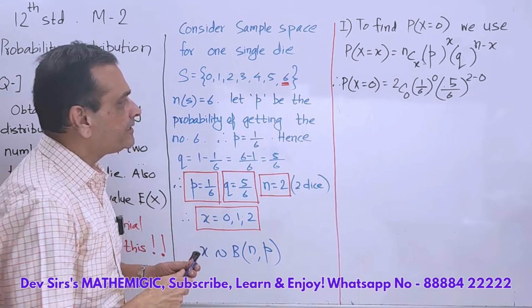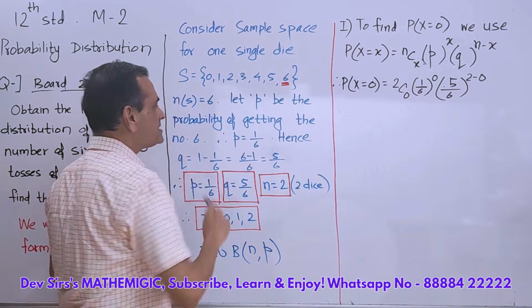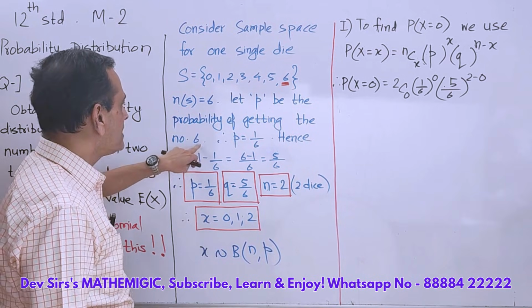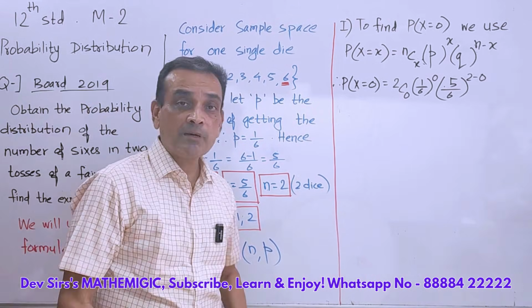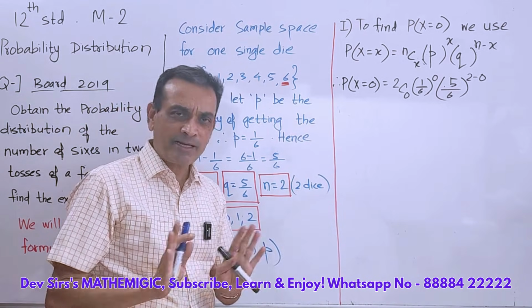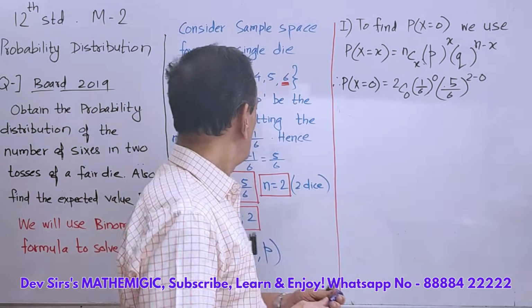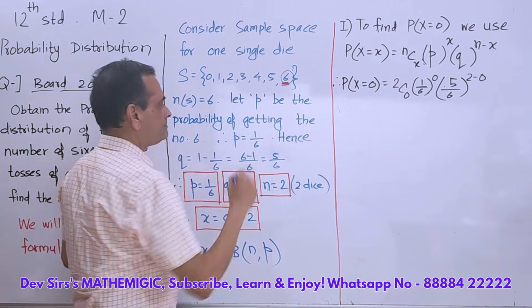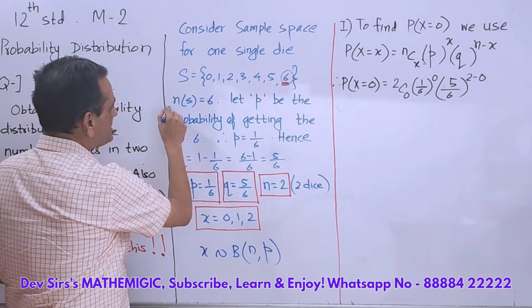Why have I underlined this 6? Because let p be the probability of getting the number 6. This is 10th standard stuff. There is only one element over here. Total elements are 6.